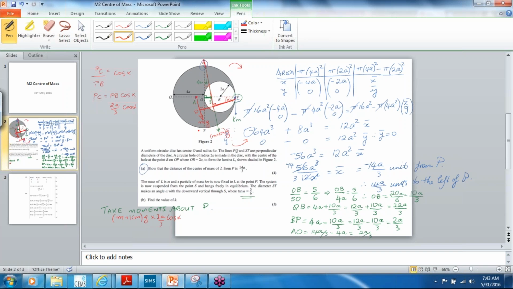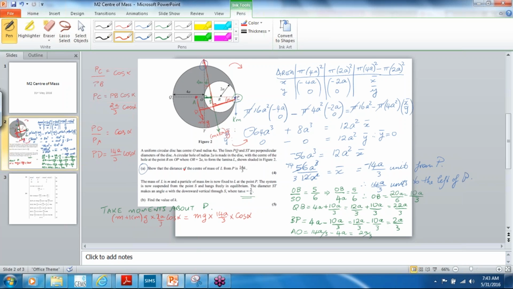Call that D. So let's look at PD divided by PA, which we've already worked out. So PD, PA is 14A over 3 cos alpha. So that's the distance that our moment of mg is away. So it will be 14A over 3 times cos alpha.